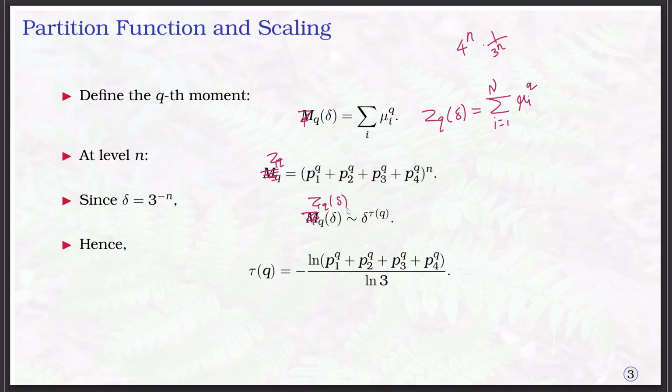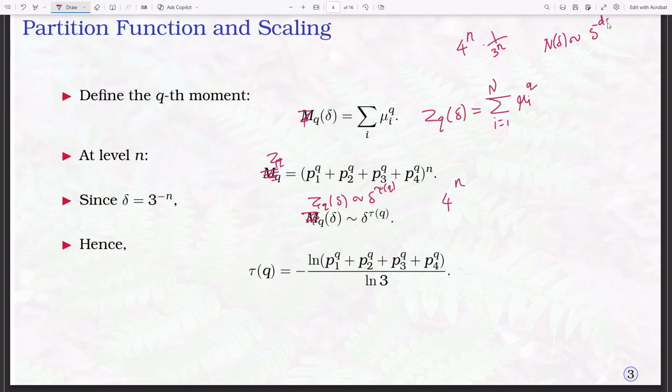The partition function follows a power law with respect to tau q, the mass exponent. Here the number of intervals is 4 power n, which equals delta power minus d, where d is the fractal dimension df, so it forms 1 by 3 power df.